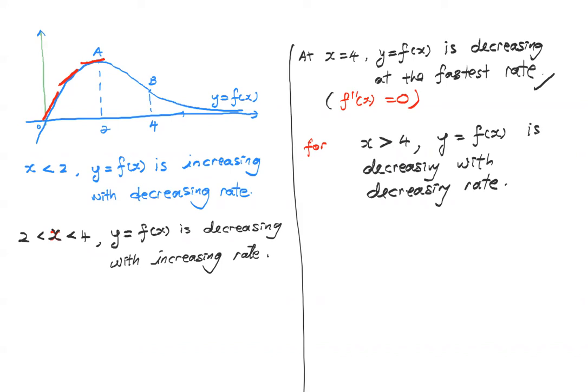So you want to know the rate, you look at the steepness of the y equal to f(x) graph. So what do you realize? If the f(x) graph is concave down, that means f double prime x is negative. Do you see how these two are related?